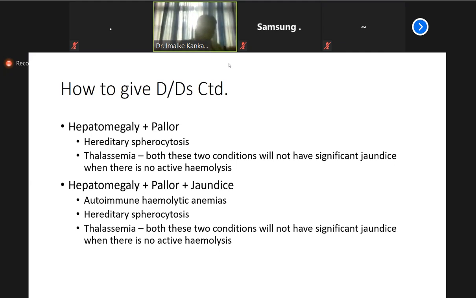They will have just a tinge of jaundice. But hepatomegaly, pallor and jaundice is very common in autoimmune hemolytic anemias and hereditary spherocytosis. You can say even Wilson's disease as well, because in Wilson you get Coombs negative hemolytic anemia.